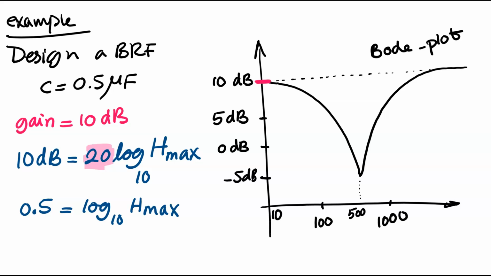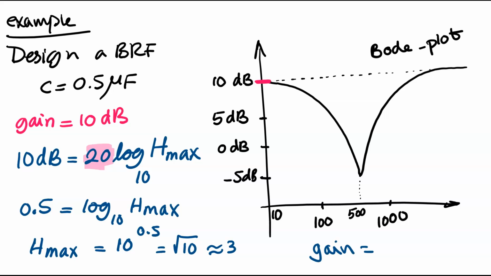So H max is equal to 10 to the power of 0.5, which is radical 10, approximately equal to 3. My standard gain is radical 10, or 3.